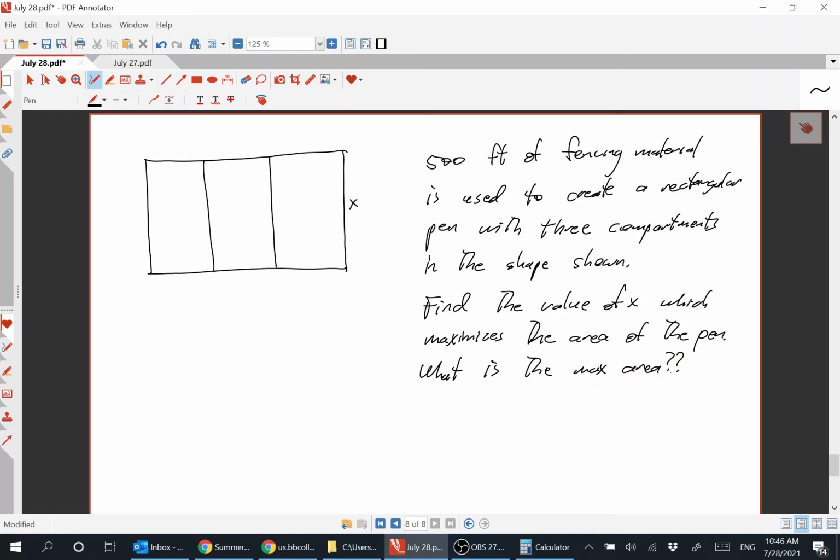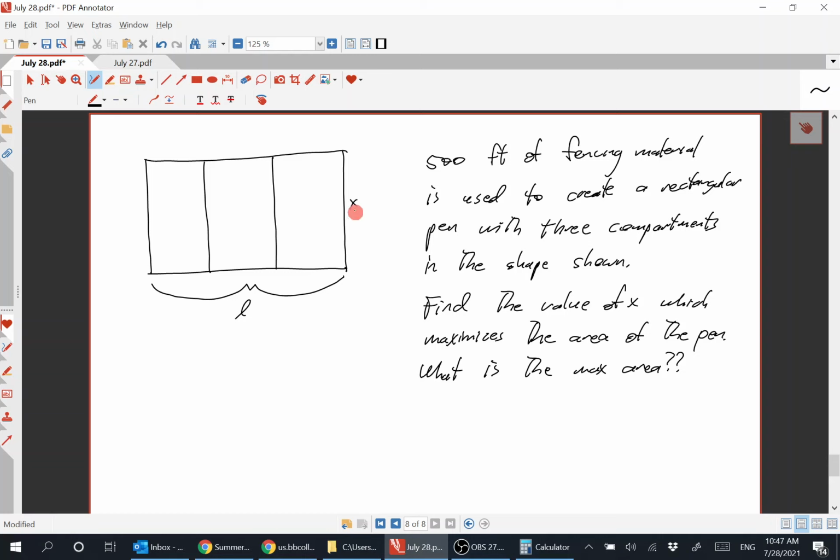All right, so if this is x right here, that's the height, and the area is going to be x times L, where L is the length. These inner dividers don't enter into the area calculation. They're just there to separate the fenced-in rectangle into different compartments.